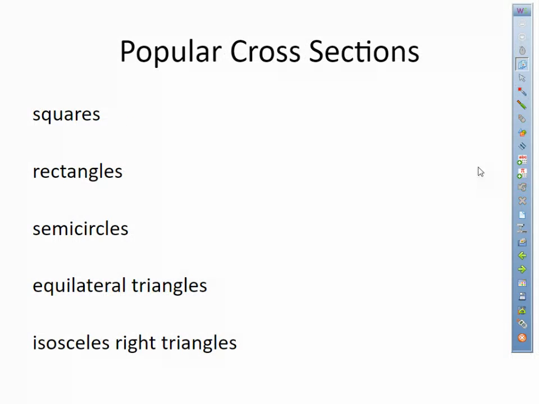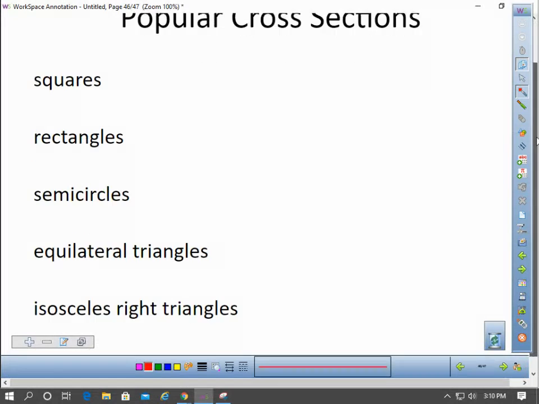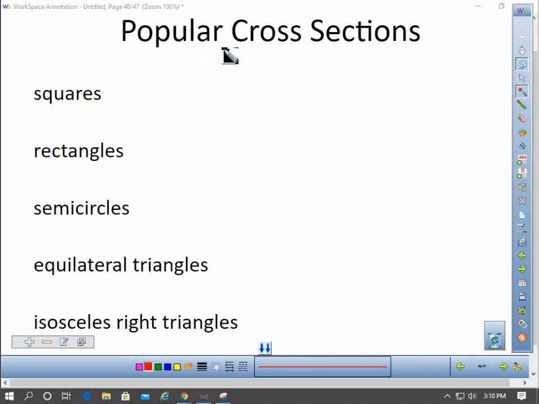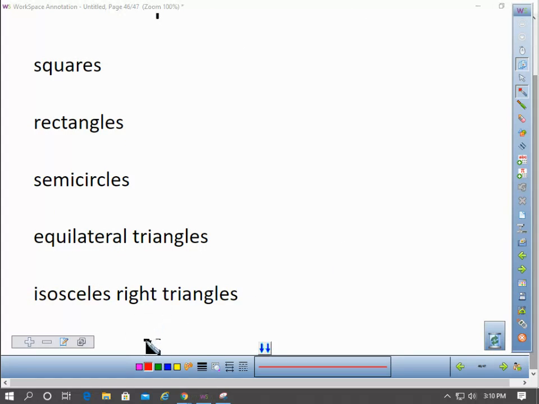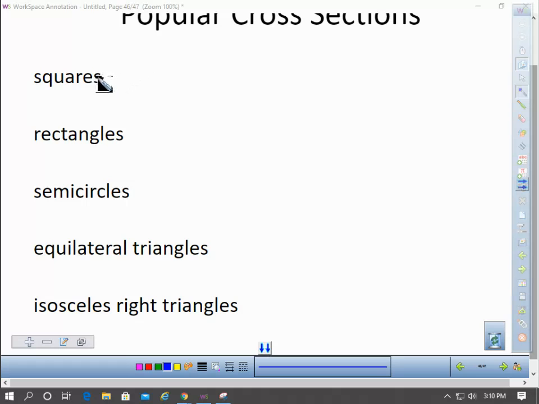So that leads us to what kind of areas could we build, okay? So what kind of popular cross sections do they want us to know how to do? All right. So the popular ones that they have us do are squares. So squares are side squared.